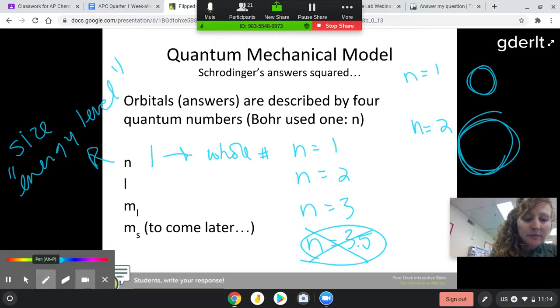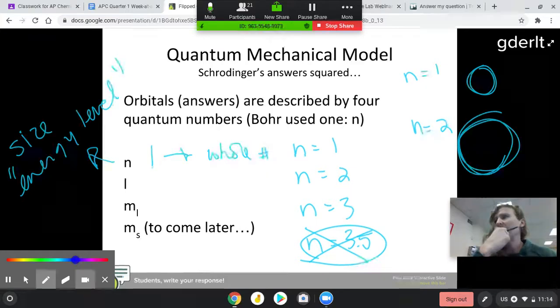L is the angular momentum quantum number, and L is going to describe your shape. We can talk about your L values as if they are a number. We can also talk about your L values as if they are a letter. So you have to learn two systems for L and how they correspond.